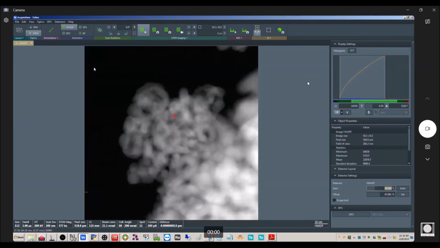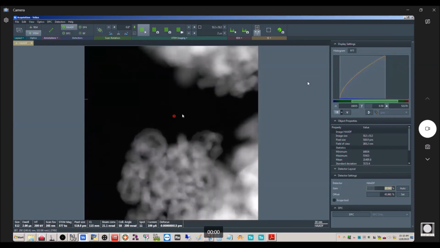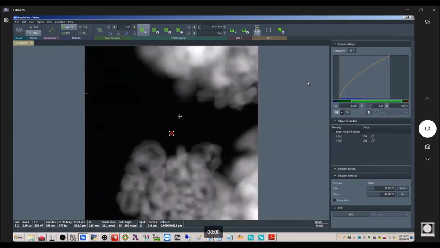So this doesn't have to be extremely high detail with what I'm doing. Okay, but we have this. Oops, let me center the beam. Okay, and let me pause and let me blank for the time being.